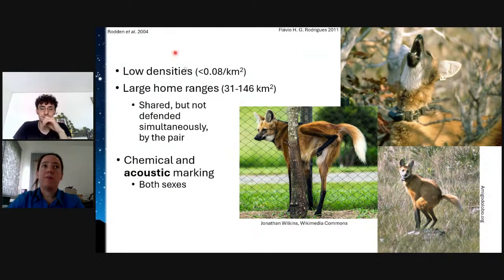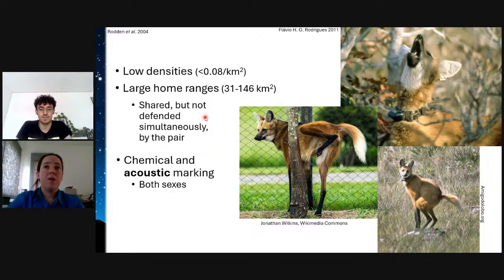And because of that, they also occur in very low densities because they have very, very large home ranges. And the pair do not defend it simultaneously. At least that's not what people thought.